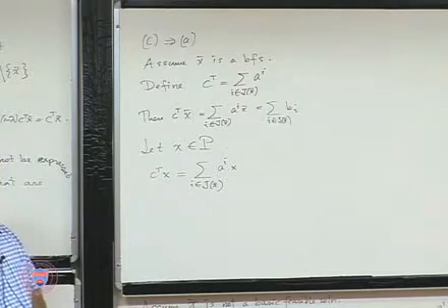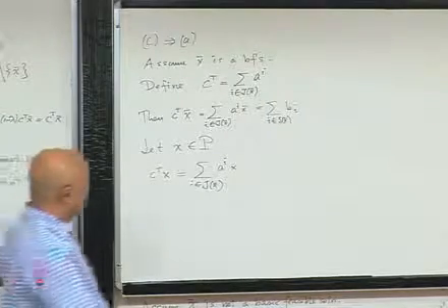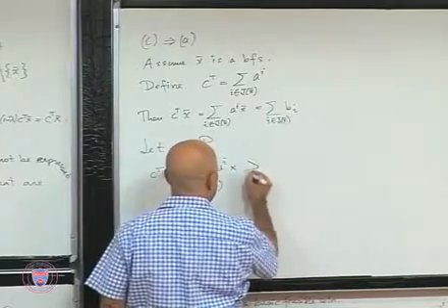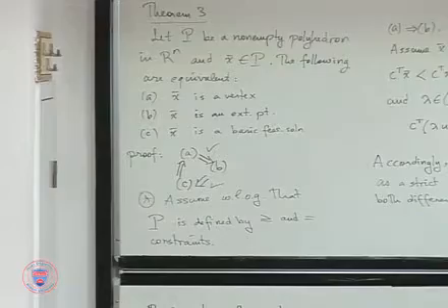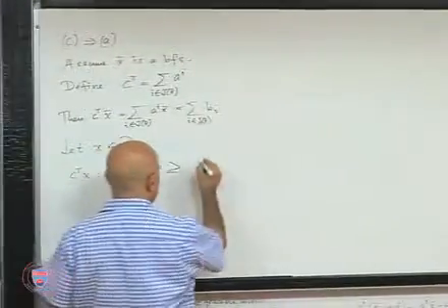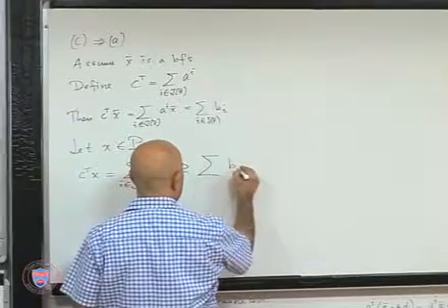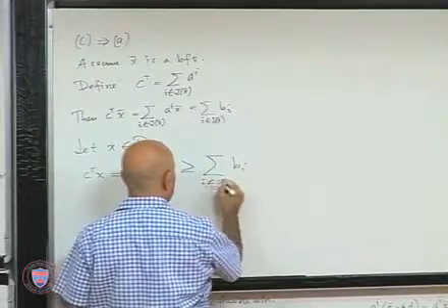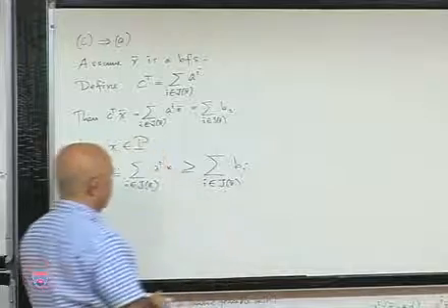What do you think? Okay, good. Because of the star assumption, ai x, because it's in P, this is greater than or equal to bi in each term. Okay.